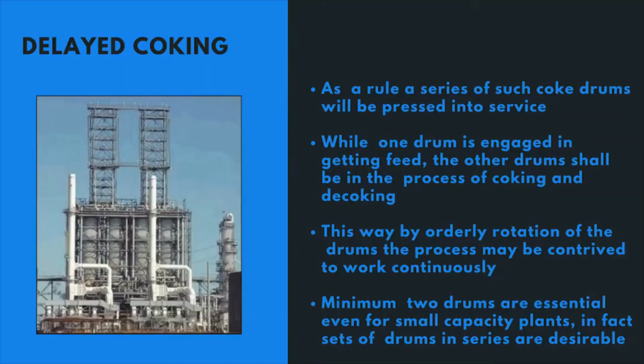For example, 6 coker drum plant, 8 coker drum plant, etc. The coke is solidified in the coker drum, and to remove the coke we have to employ a lot of laborers. The removal of coke is done through water jets, and of course today a lot of automatic activities are being put into use, but still compared to the other units this is a labor intensive unit.